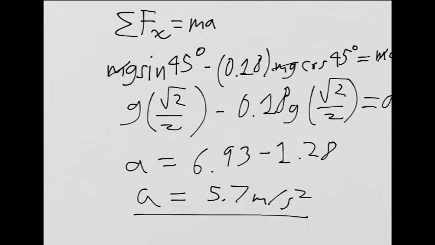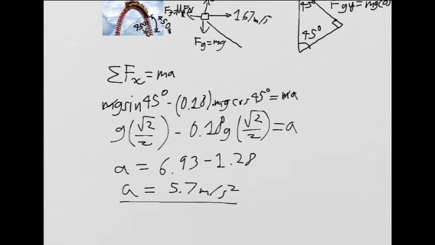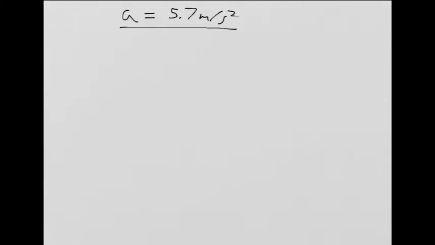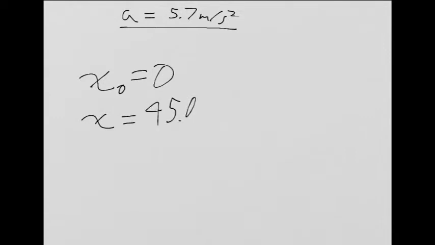Now that we have the acceleration, we have to find the speed when it reaches the bottom. So kinematic equation time. Aren't those always fun? So here we have x initial to be 0 because we're at the top of the hill. X final to be 45.0 meters. Acceleration to be 5.7 meters per second squared.